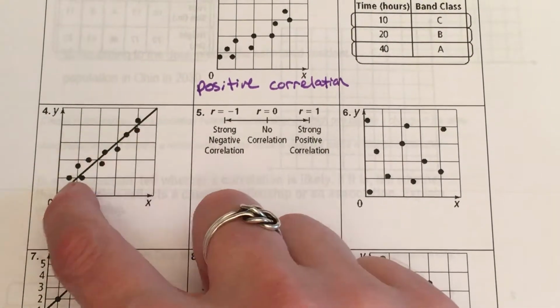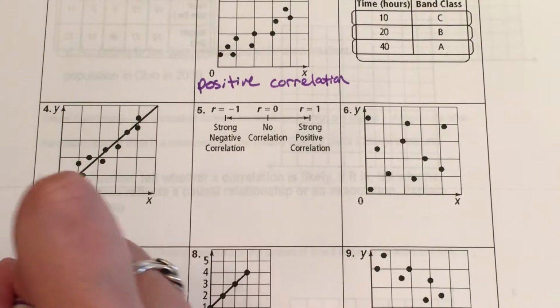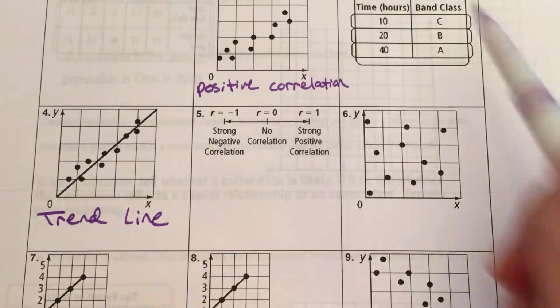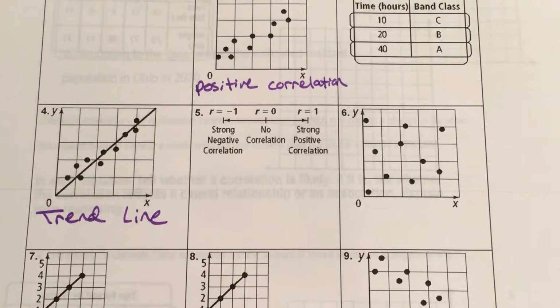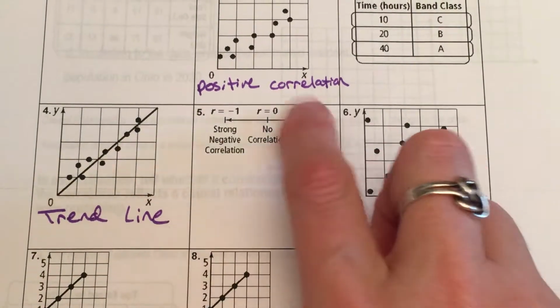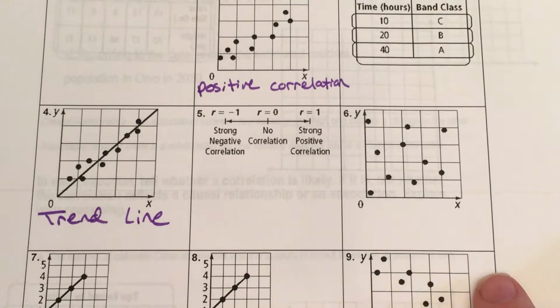Hint, hint, the line. What about it? Oh yeah, that's a trend line. Mark that off your list. So someone drew a trend line through those points. That's cool. This, we don't know what this is yet, so that's fine. We'll wait on that one.